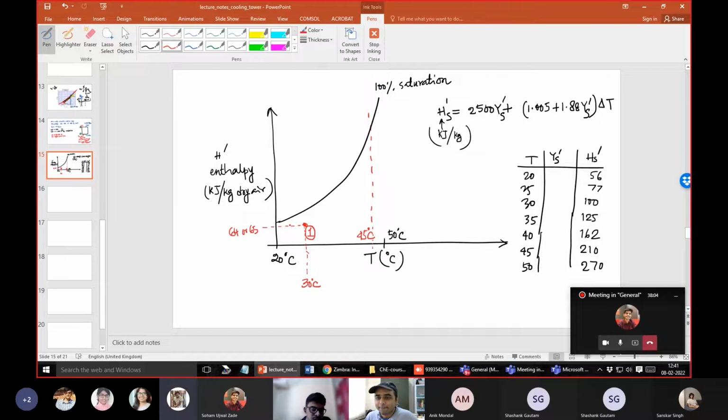Sir, before that, I am getting the point above that curve, 64 and 30 on the psychrometric chart. Possible, because this equilibrium curve corresponds to 100% saturation. So you cannot have an air stream which is above 100% saturation. The enthalpy values cannot be more than its saturated enthalpy value.